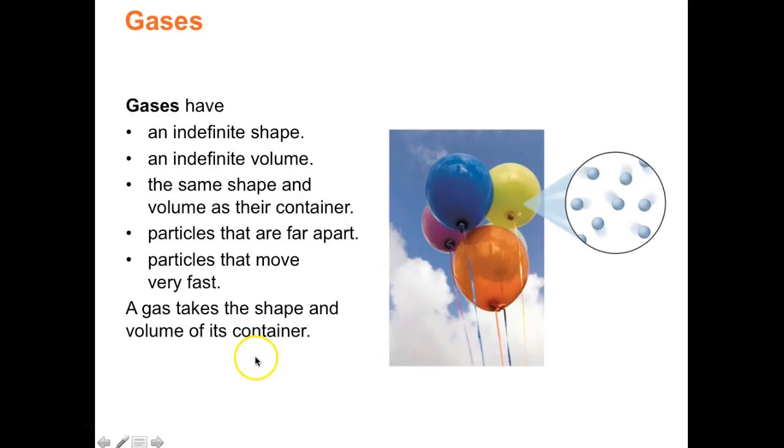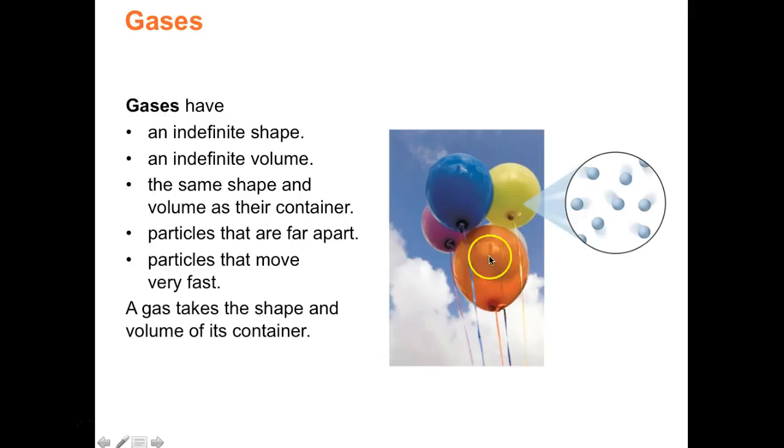Now gases neither have a shape or volume. All right, gas particles themselves are very tiny, so they just spread out and occupy any container in which they are put. All right, so for example, this balloon, you can take the same amount of gas and put it into a different container, and it would occupy that entire container.